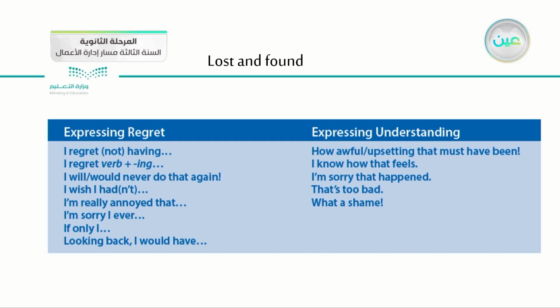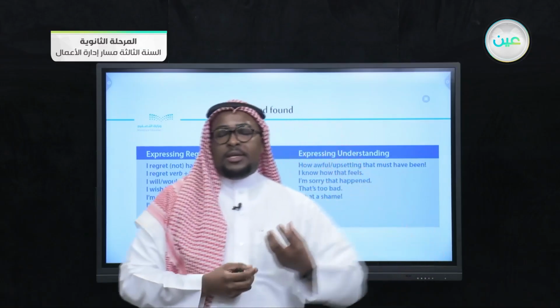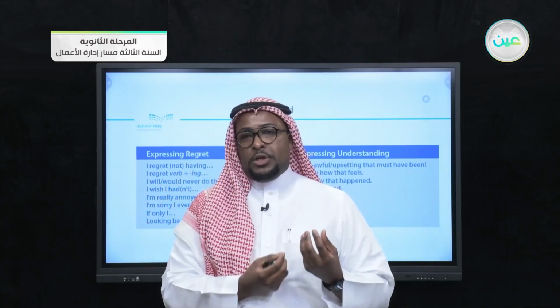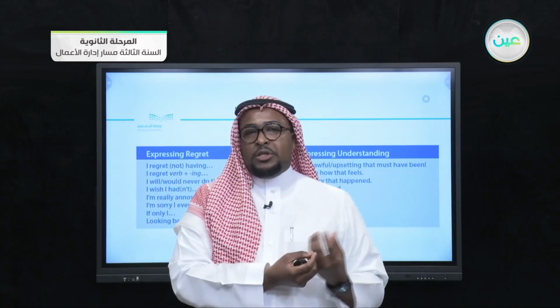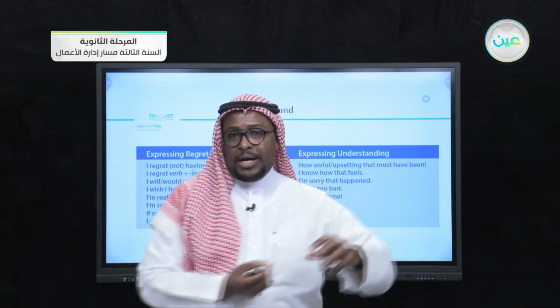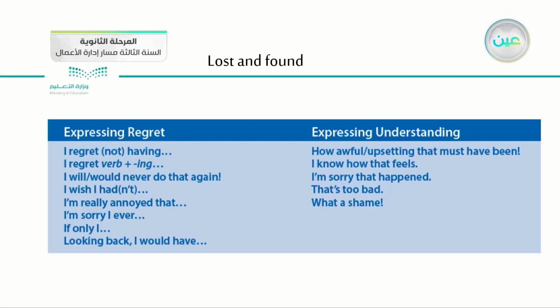So this is a way of expressing regret. Sometimes, if you have a child and he tells you, I will never do that again. For example, imagine that one of your children broke the window, and of course you asked him why he did that. He will express regret by saying, I will never do that again. I wish I hadn't.